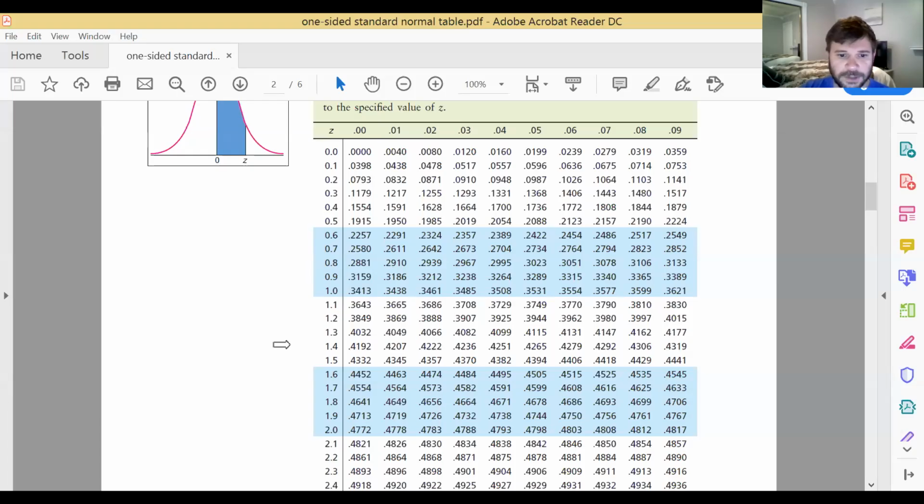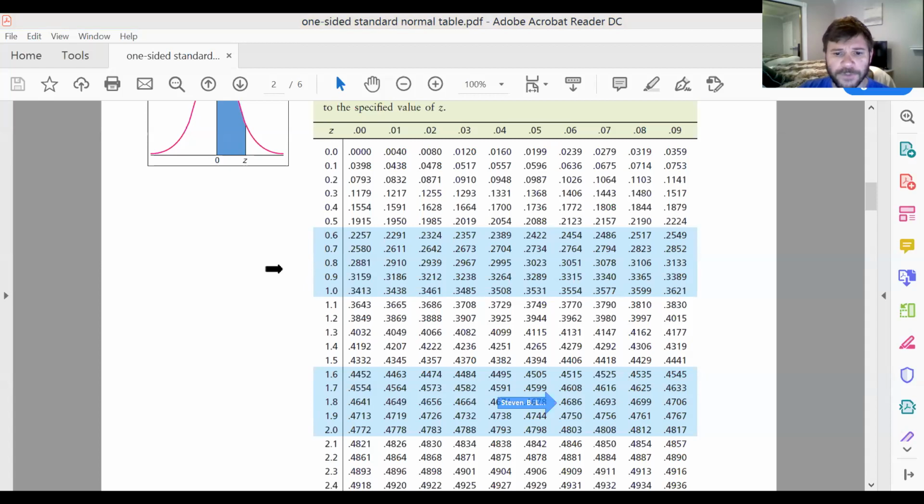All right, so we're back to our table. We're going to go down to the row corresponding to 1.8, and then go to the column corresponding to 0.06. And you'll notice if we go down that column to the appropriate row, this will give us a probability of 0.4686.